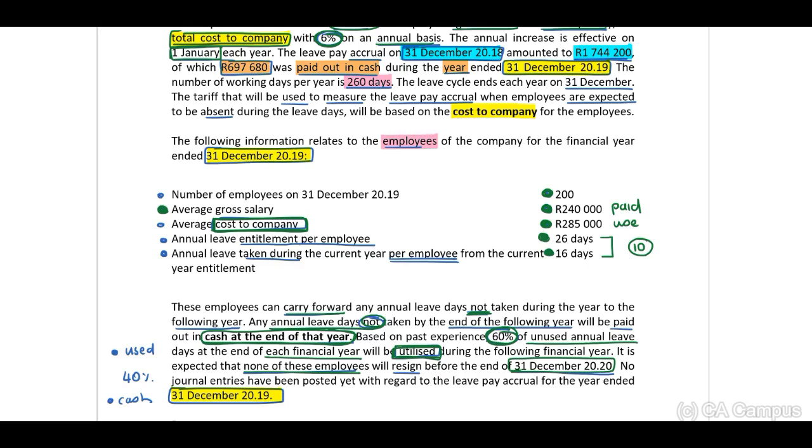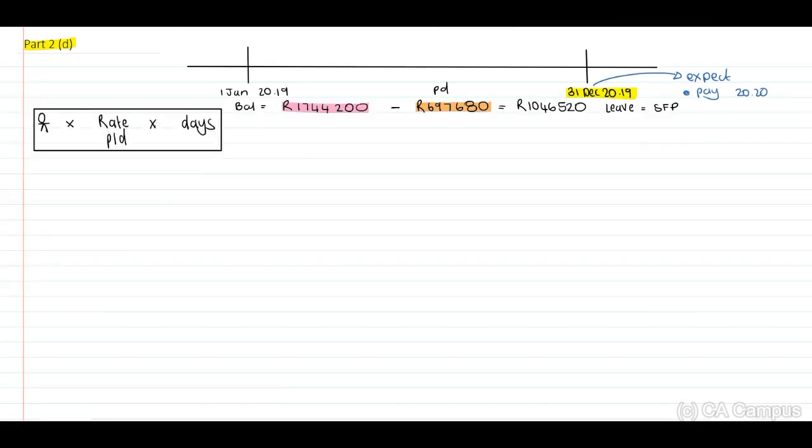Now, we need to determine, if you look at our timeline, what will the leave balance be at the end of 20.19 relating to 20.20? We expect that 60% will take leave, therefore 40% will be paid out. If they take the leave, this will be based on cost to company. If it's paid out, this will be based on the gross salary. You with me?